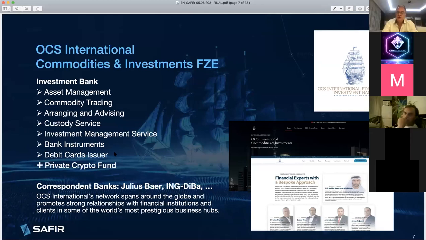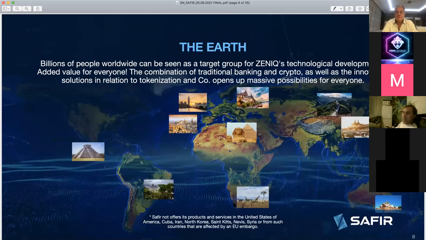And they are also debit card issuers, which means it's simple and easy for us to receive a virtual and a physical debit card where we can add our funds and use in any place where they accept a Visa or a MasterCard. It also has its own crypto private fund, and corresponding banks are Julius Baer, ING, DIBA, and several other very powerful banks on the world market.